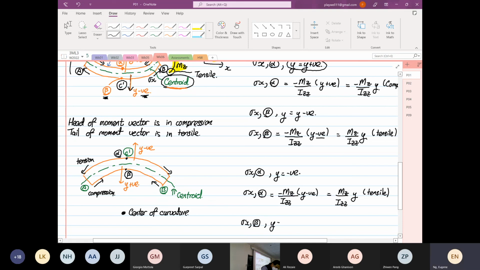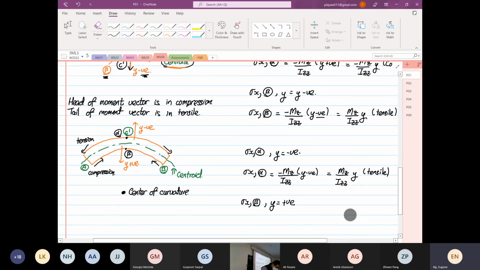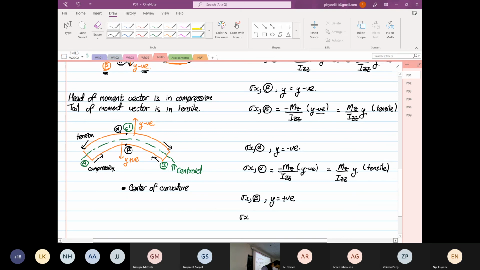So y now is equal to what? Positive, sorry. Y is positive now. So stress x at point beta is equal to minus Mz over Izz multiplied by y positive. So this is equal to minus Mz over Izz multiplied by y. So now we know it's compression.